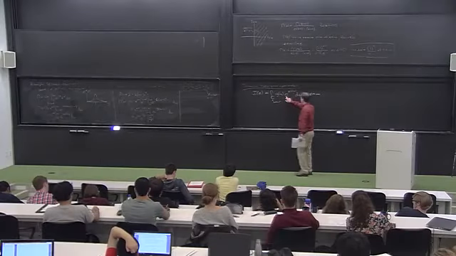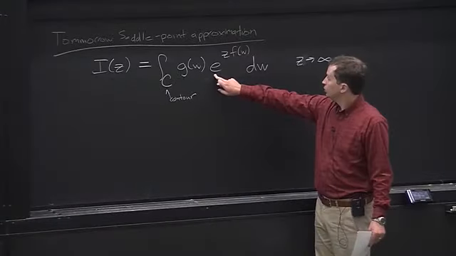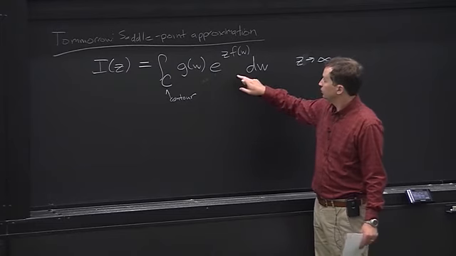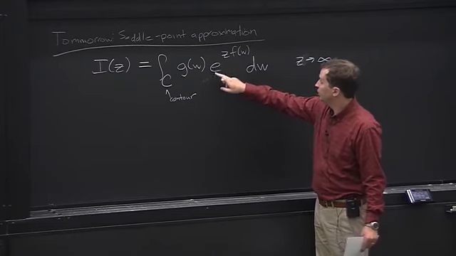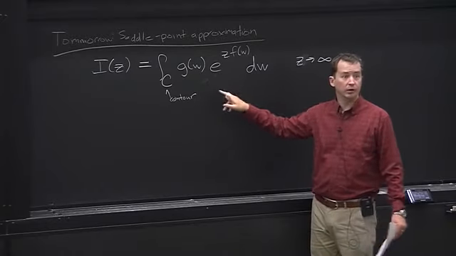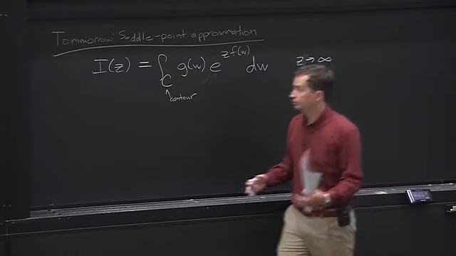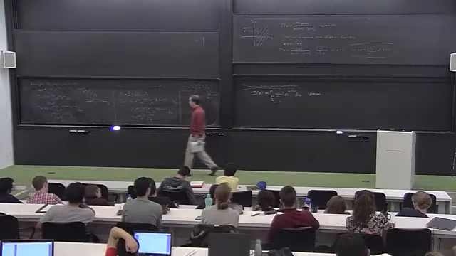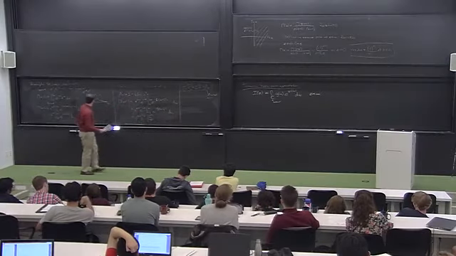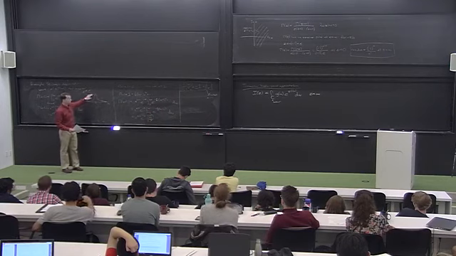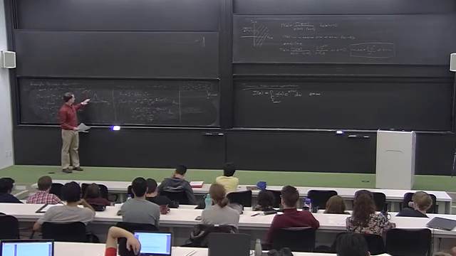And we'll basically approximate this function as Gaussian integrals that, if f has some local maxima, the integral will be concentrated around those local maxima.